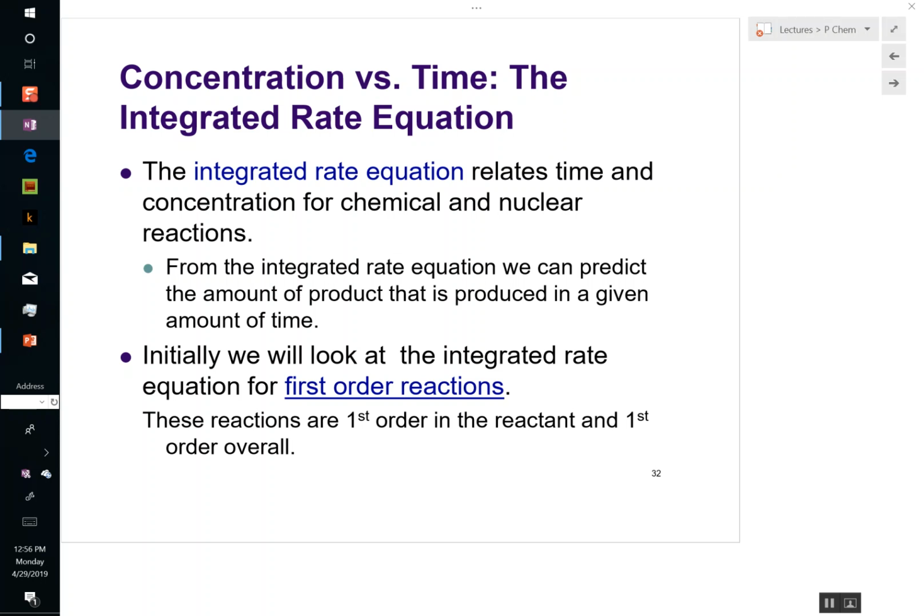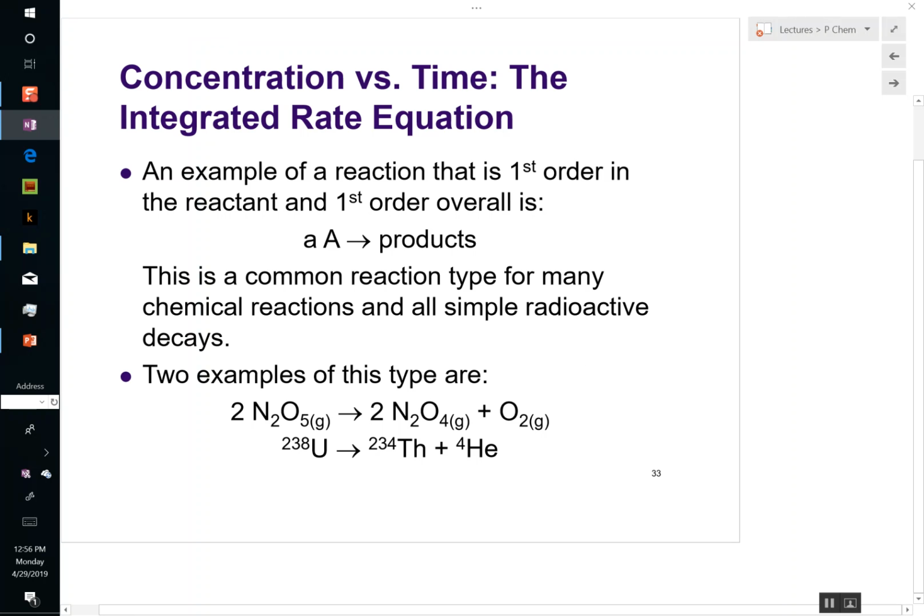All right, so these reactions are first order in the reactant, first order overall. So the simplest thing would be where you do have A producing B or A producing B plus C, whatever it is. In these cases, A equals B plus C. And here's two examples: N2O5 decomposing into N2O4 and oxygen, or uranium decaying into thorium and helium.